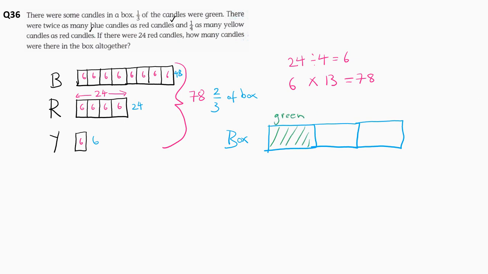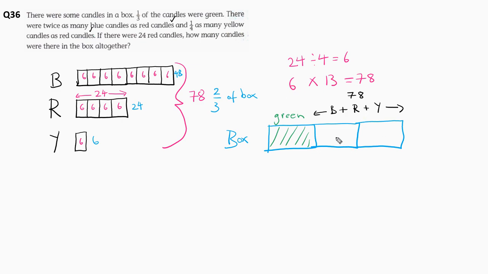We know that the rest, so that's the blue plus red plus yellow, we have calculated to be 78. We could have just added those numbers together, or we could have done 6 times 13. It doesn't matter.